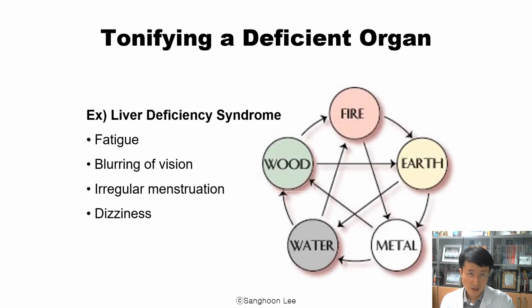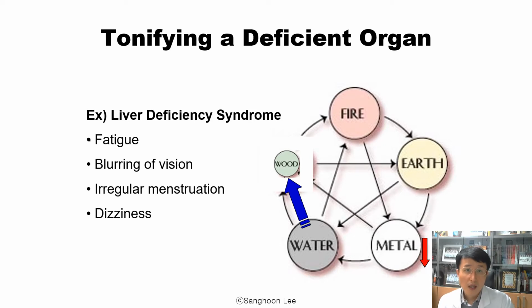In this case, reinforce the water as mother to boost its child, and reduce the metal as wood controller in order to block metal's suppressing effect on wood. These 2 ways of manipulation will revive wood function in deficiency.